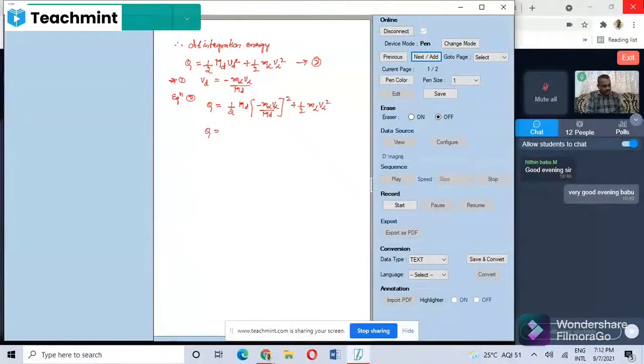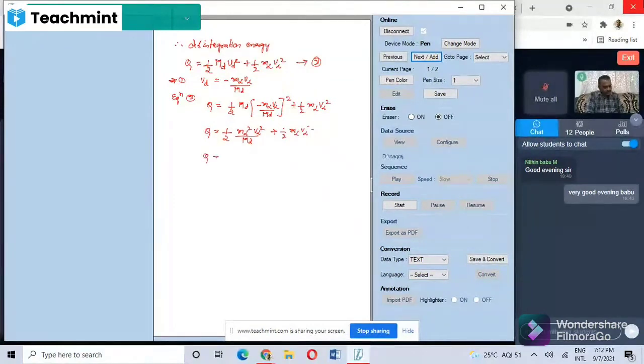If you simplify this, in the numerator we have M_D divided by M_D square, that gets cancelled, and we get half m alpha square V alpha square divided by capital M_D, plus half m alpha V alpha square.